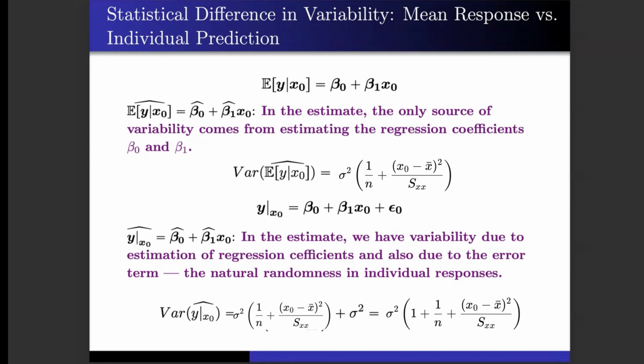Because when we talk about an estimate of the average of y for some point x naught, there we have uncertainty due to model estimates. Whereas when we talk about an estimate of an individual y at some point x naught, we have uncertainty due to model estimates and the error term present in the model.